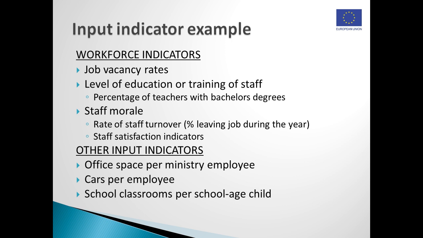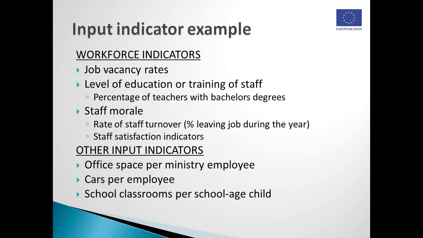So let's take some examples of input indicators, starting with those that relate to the human labour input, in other words, workforce indicators. One useful indicator can be a measure of the job vacancy rate, in other words, the percentage of positions that remain unfilled. Another useful type of indicator can be the measure of the percentage of your staff who have relevant education or training.